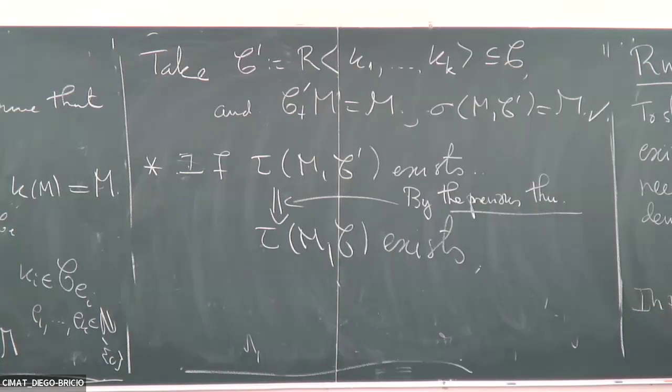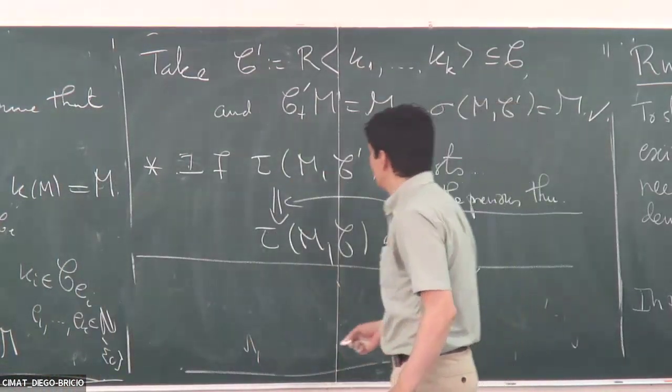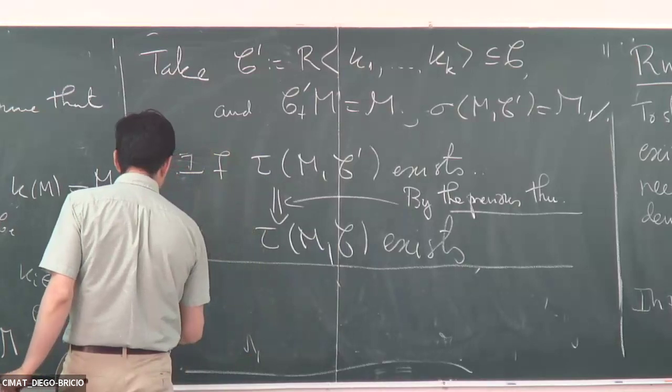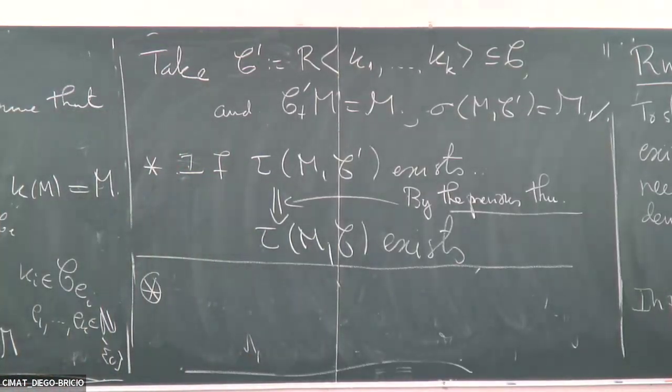So okay, we have done the first part. Now let's do the part in which we prove that the test module can be computed by that in case it exists.